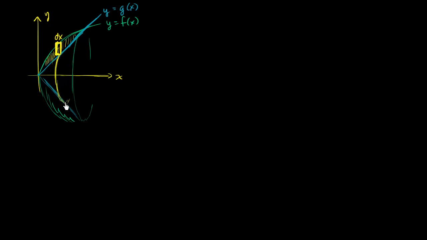It's really just the disk method, where you're gutting out the inside of a disk. So that's the inside of our washer, and this is the outside of our washer. The outside of our washer looks something like that. Hopefully that makes sense. And so the surface of our washer looks something like that.